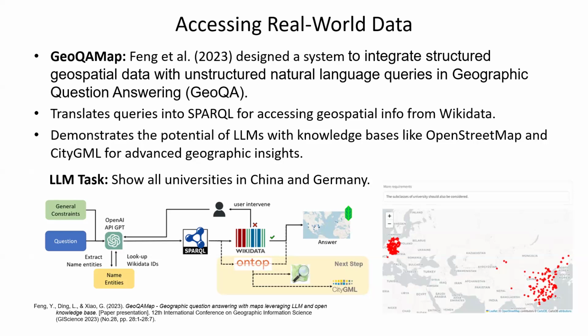The most important thing is that through the SPARQL query language, the model can transform this query into that language, and additional sources like OpenStreetMap and CityGML can also be accessed that way. This research highlights the power of generative large language models to access real world data with human language queries through structural programmatic language translation.